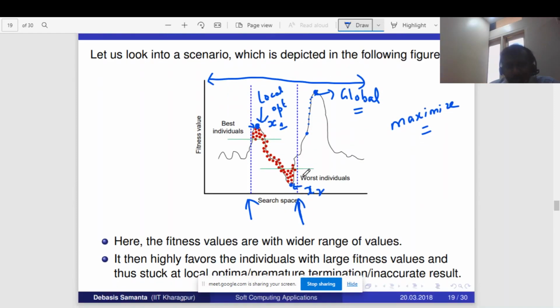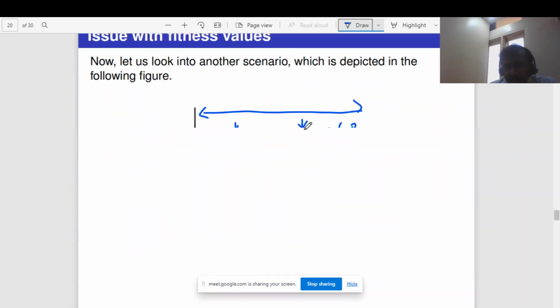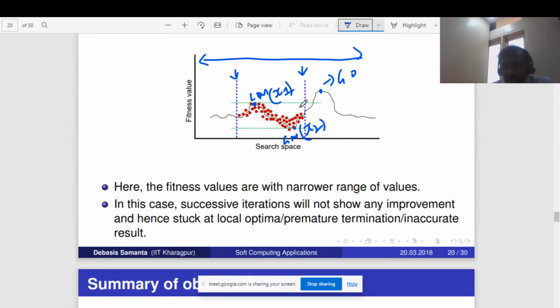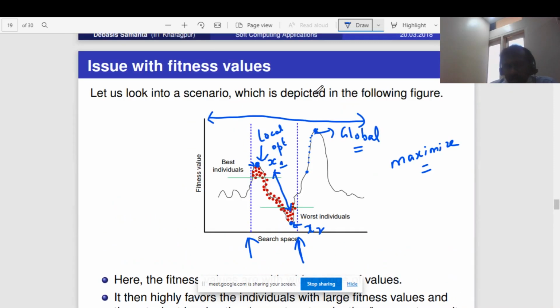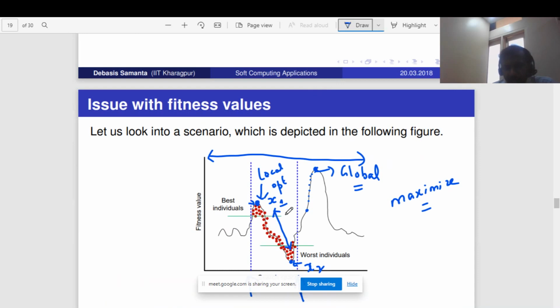Yes. What is the range between X1 and X2 in this case and in that case? Let us assume this X1 and X2 range is A, and that X1 and X2 range is B. Which is bigger, B or A?